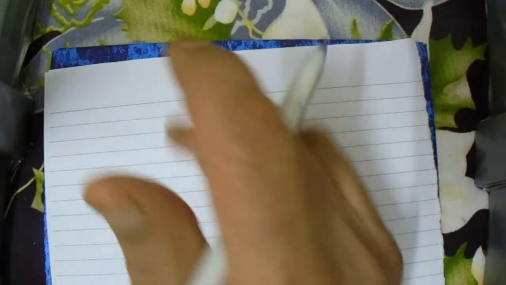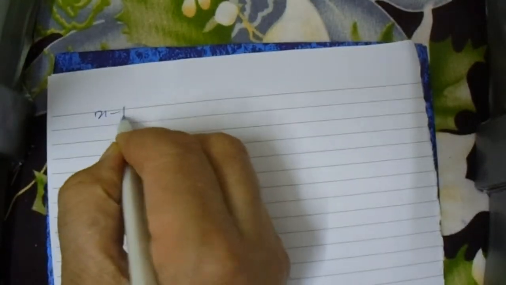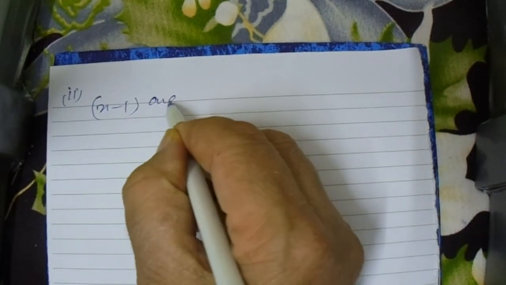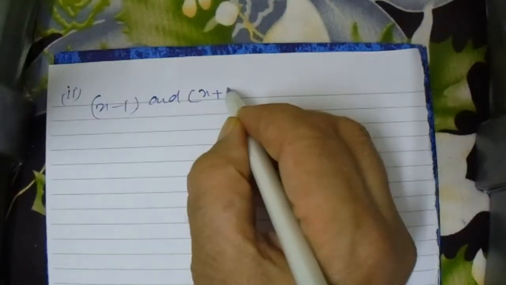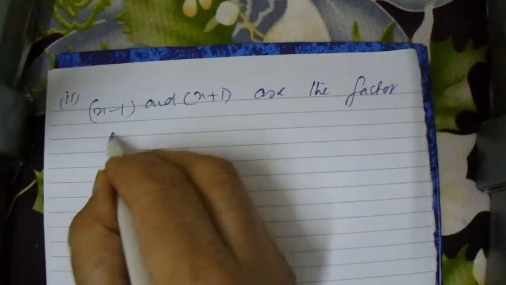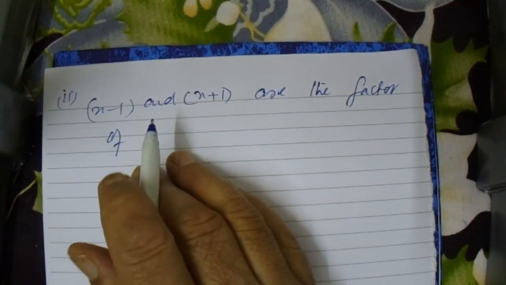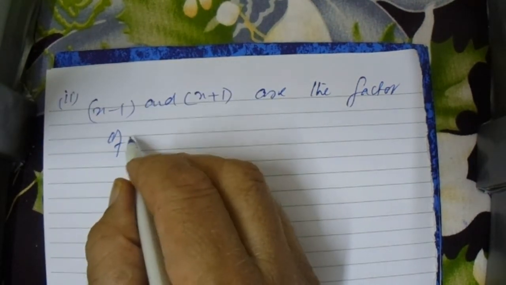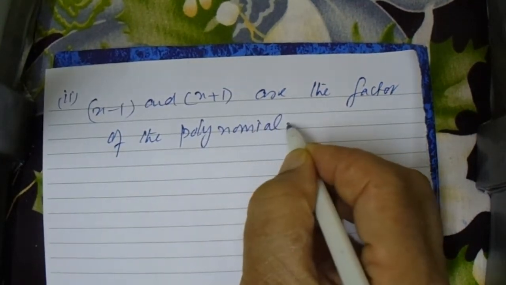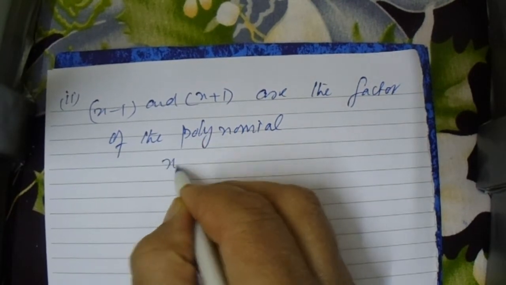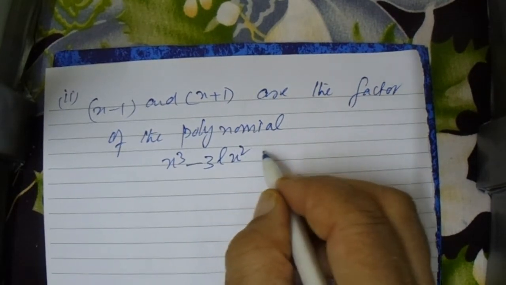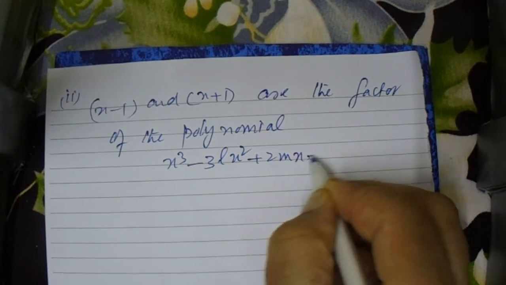Now x minus 1 and x plus 1 are the factors of the polynomial x3 minus 3lx square plus 2mx plus 6.